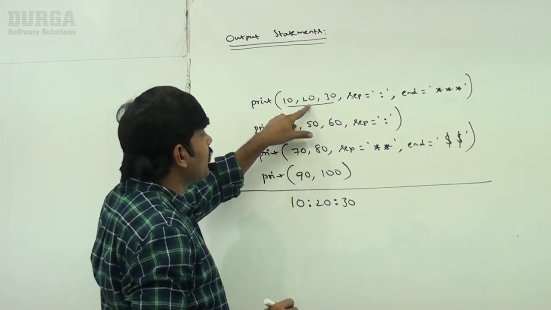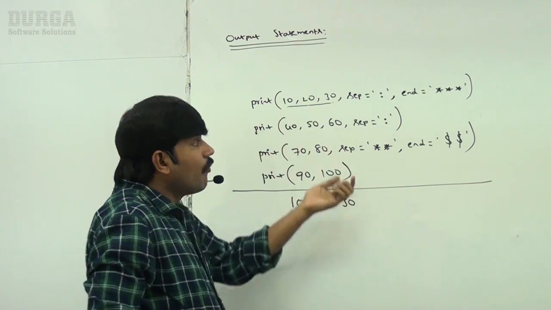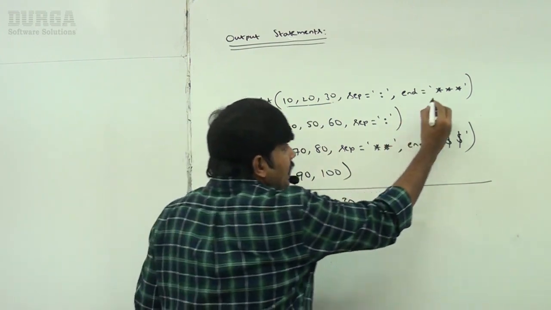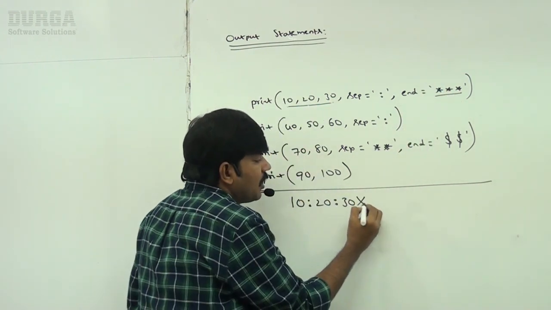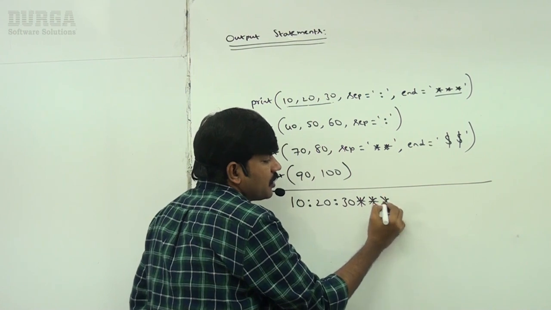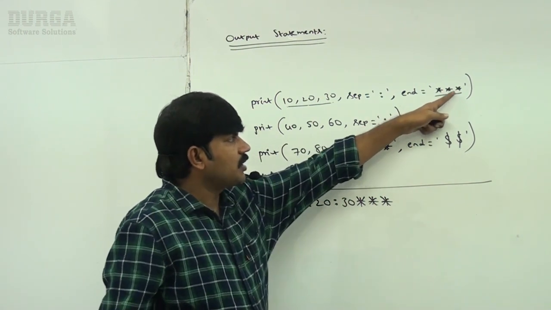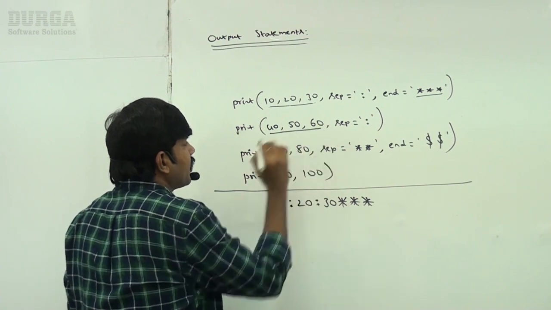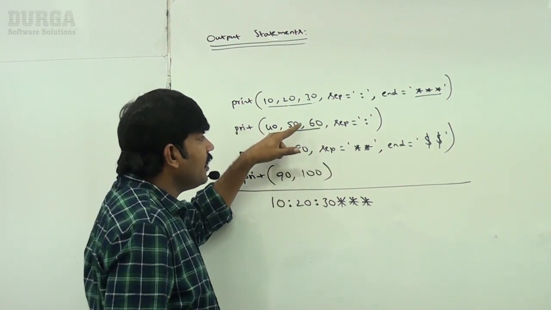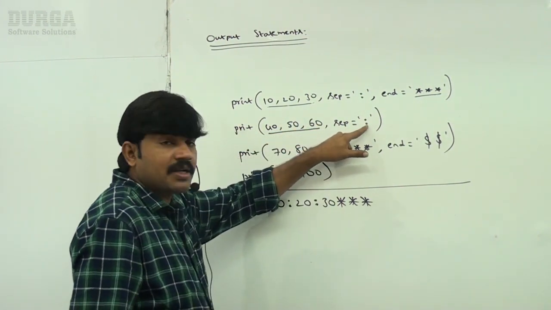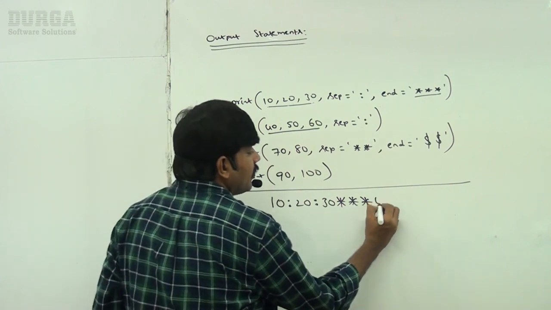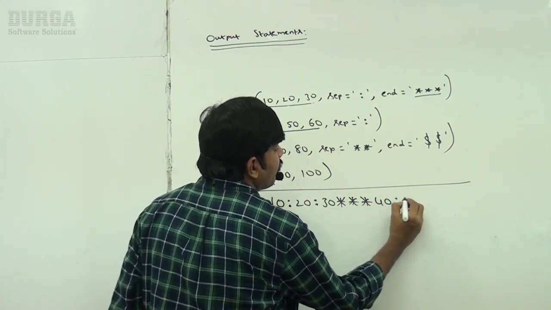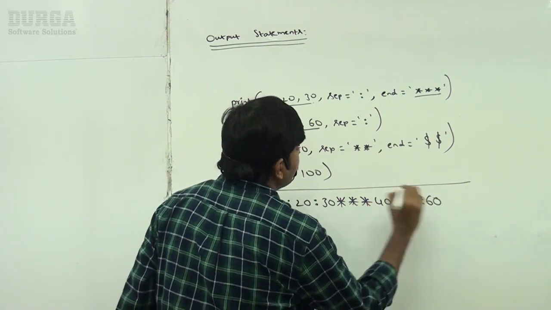After printing all these, what is the end attribute value? Star. And then immediately the next thing will be continued. 40, 50, 60, but what is the separator? Again colon. That's why 40, colon 50, colon 60.